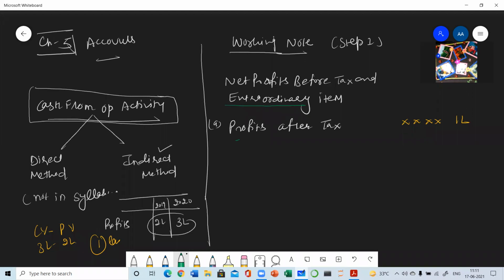Now some items are to be added to this profit. What are the items? The second item we need to add back: because these are profits after tax and we have to assume the profits before tax. After tax means taxes are subtracted, and before tax means taxes are not subtracted. So we have to add back the taxes. Add provision for taxes.